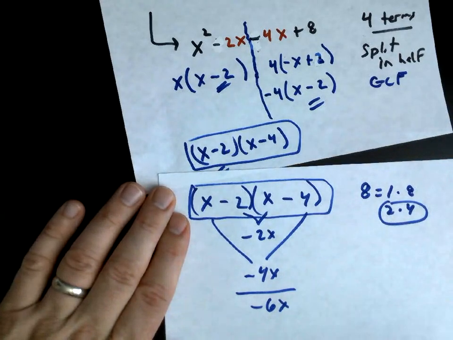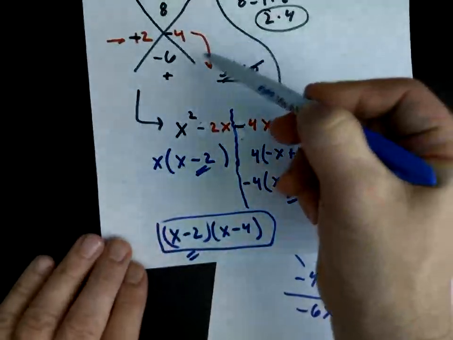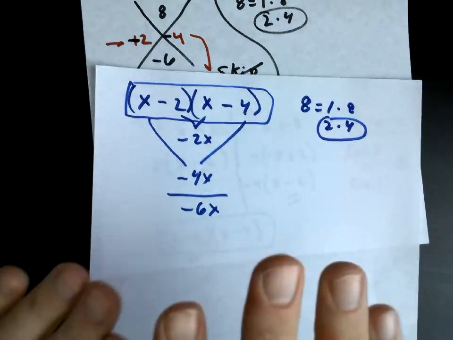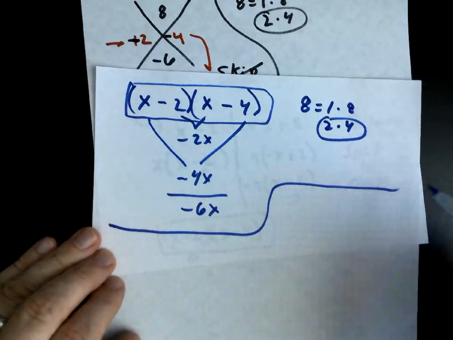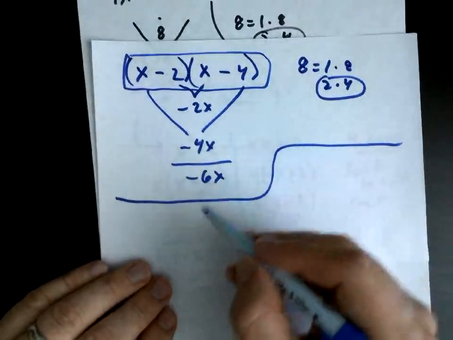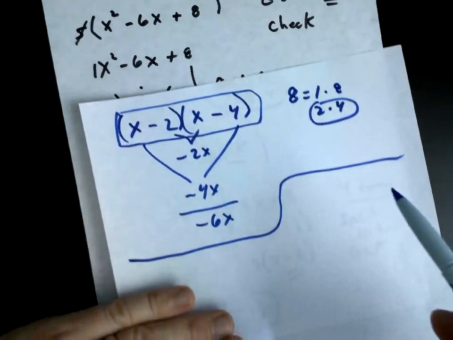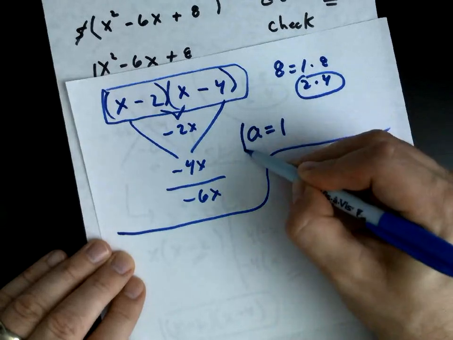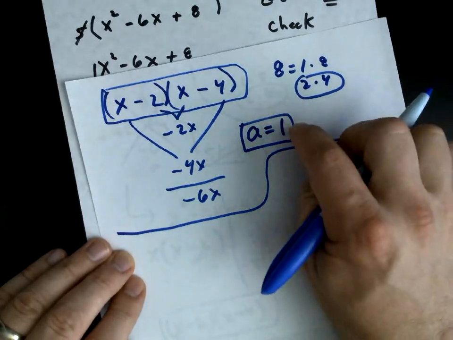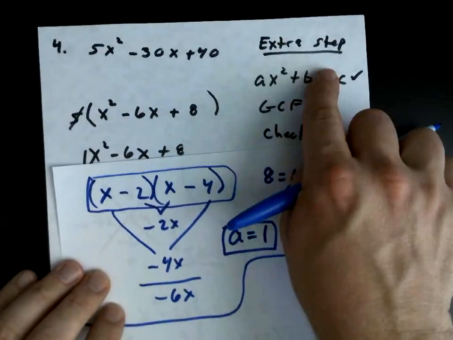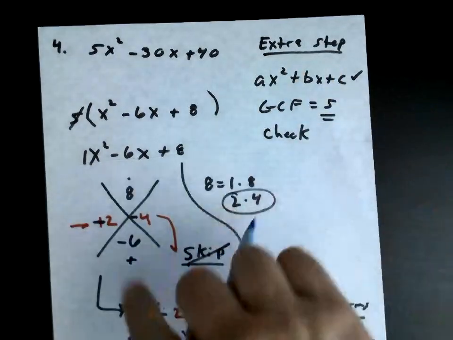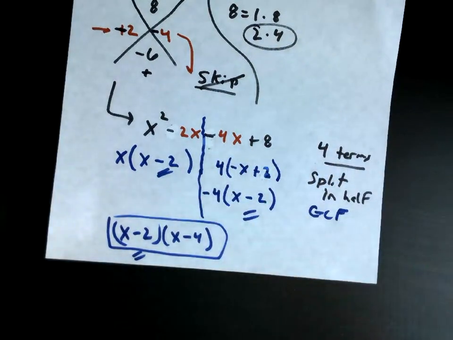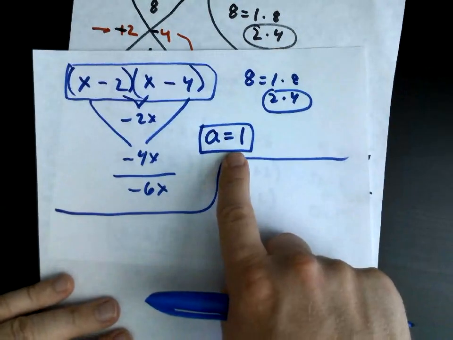And you're probably thinking, why did you just go through all this stuff if you can just do that? Well, let me make sure that you understand this. The reason we just did this and skipped that step is because A was 1.